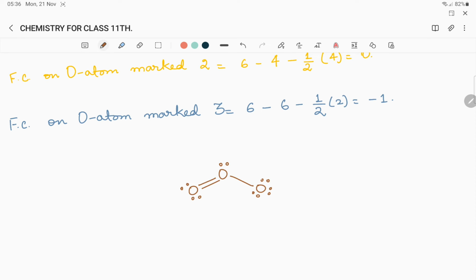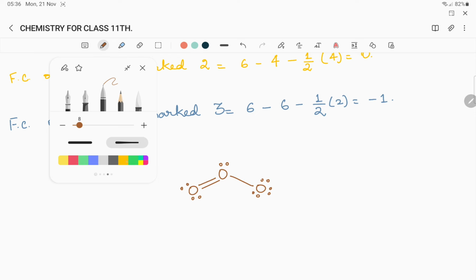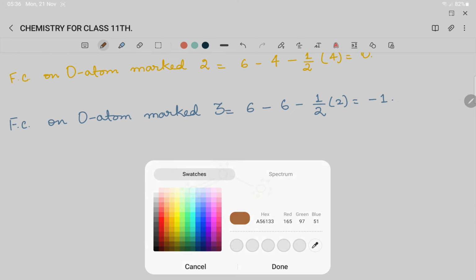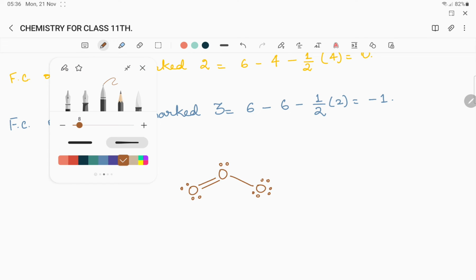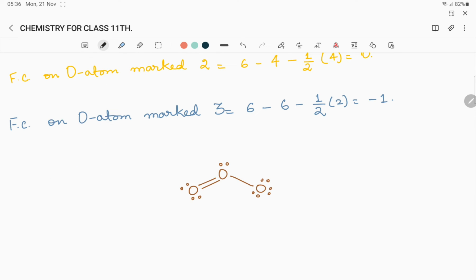Okay, now write the formal charge value. Oxygen number 1 carried plus charge, so plus 1, no need to write 1, you can simply write plus. Oxygen number 2 carried 0, so no need to write any number. Oxygen number 3 contained minus 1 charge, just write simply minus.